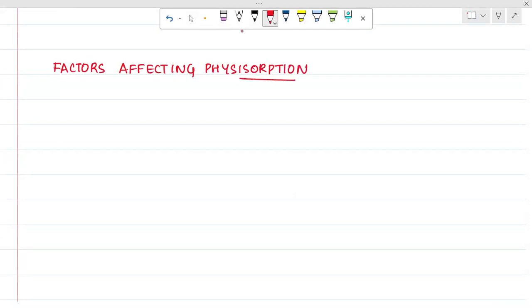Factors affecting physisorption. Okay. So the first factor is temperature. We are talking about physisorption and not chemisorption.